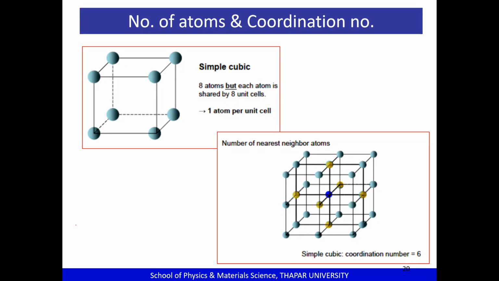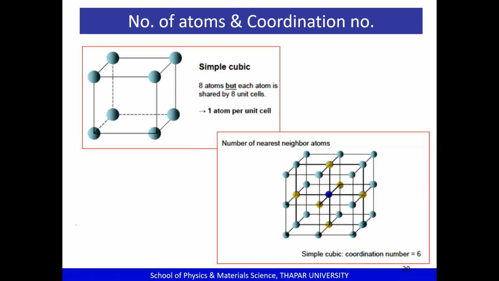Now, for the sake of simplicity, I have used different colors for marking the atoms. In general, for a simple cubic lattice, the atoms are all identical, but I want you to focus on certain atoms. That is why I have used different color notations. Now focus on the middle one, marked with a blue lattice point, and start looking along X, Y, and Z. You see at equal distance, you find a yellow atom.